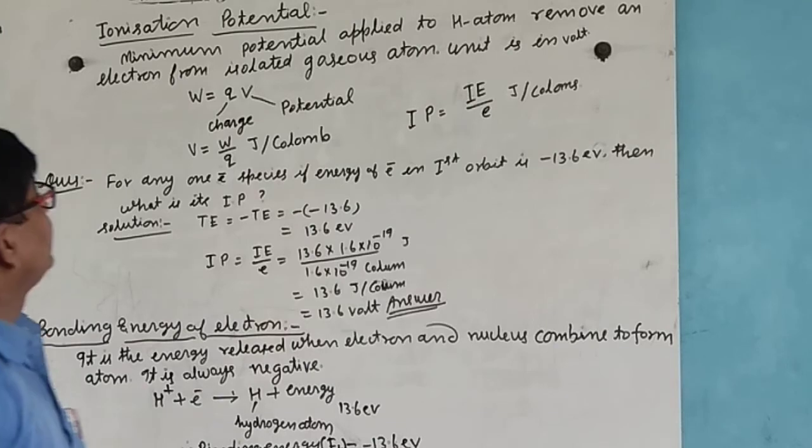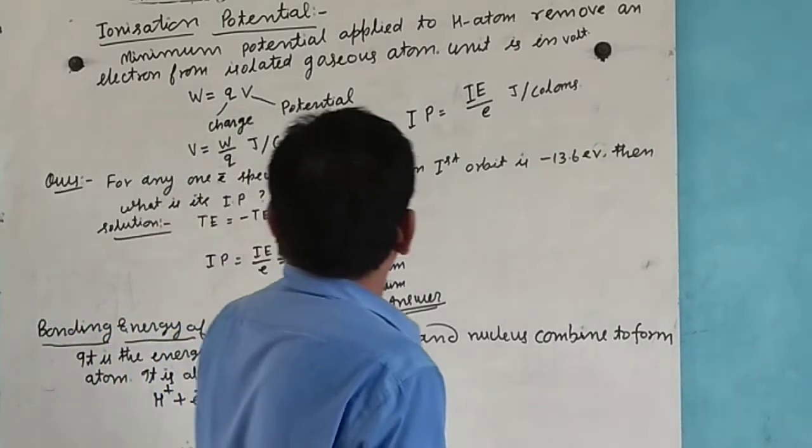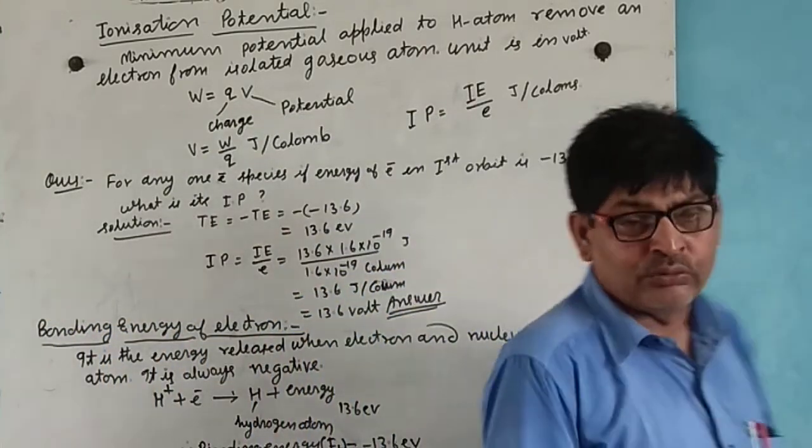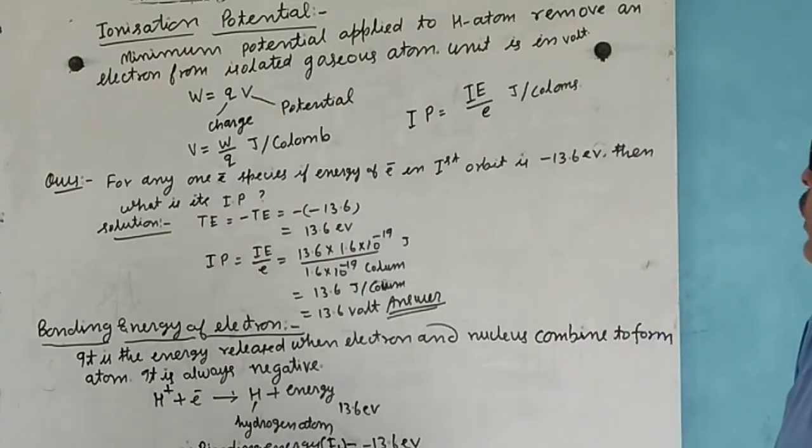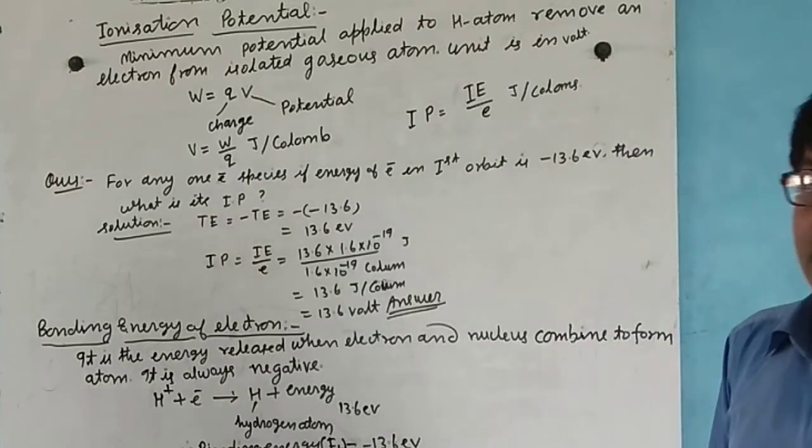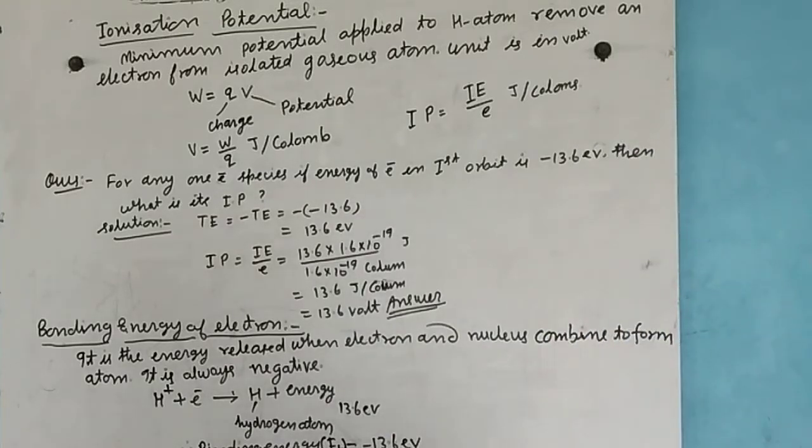Now ionization potential: the minimum potential applied to the hydrogen atom to remove an electron from an isolated gaseous atom. The unit of ionization potential is volt, and we know that W is equal to QV, where Q is the charge and V is the potential.